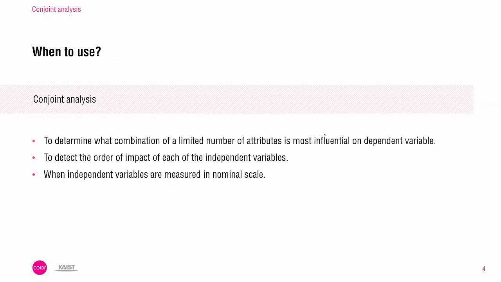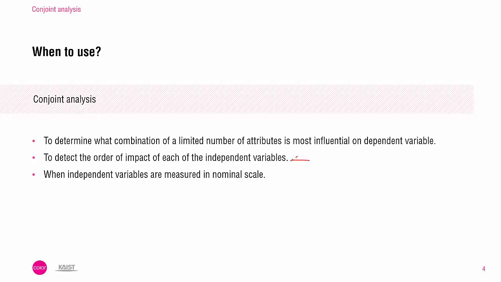So, conjoint analysis is used to determine what combination of a limited number of attributes, so what combination of the independent variables is most influential on the dependent variable, and to detect the order of impact of each of the independent variables.